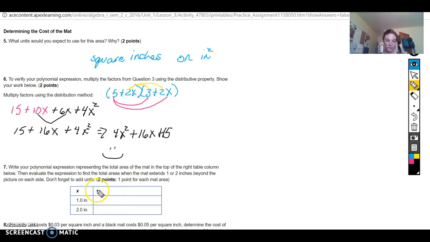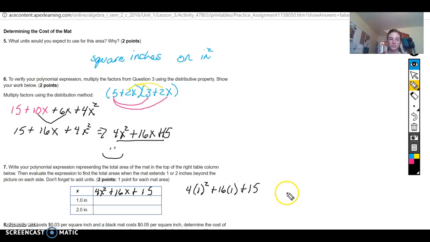So what we're going to do is just take this and put it here, 4x squared plus 16x plus 15, okay? And when x is 1, we will have 4 times 1 squared plus 16 times 1 plus 15, okay?